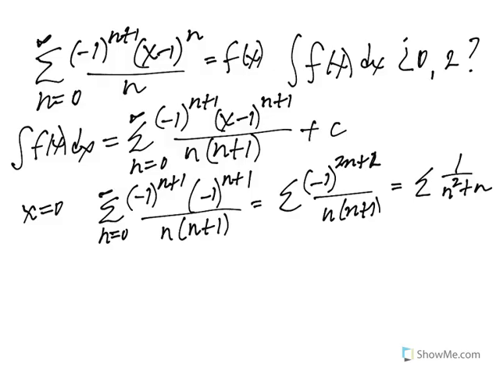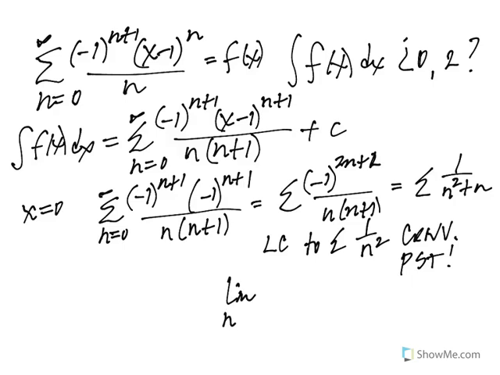If I clean up the bottom, what I'm going to do is limit compare that to the sum of 1 over n squared, which is a convergent p-series. If I do 1 over n squared plus n over 1 over n squared, and I copy dot flop, I take the limit as n goes to infinity of n squared all over n squared plus n.